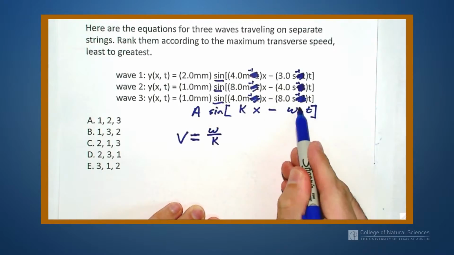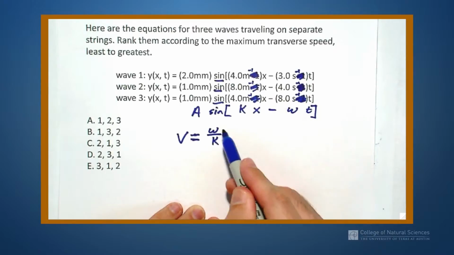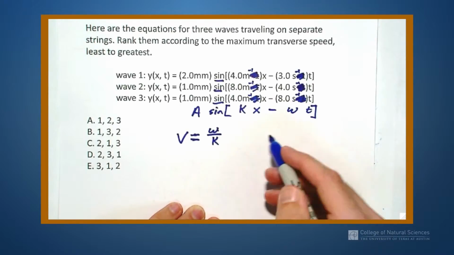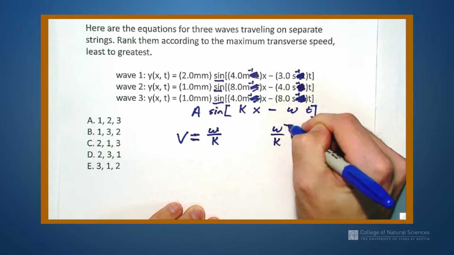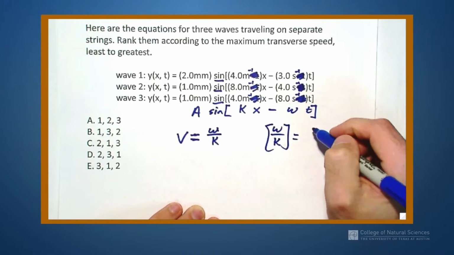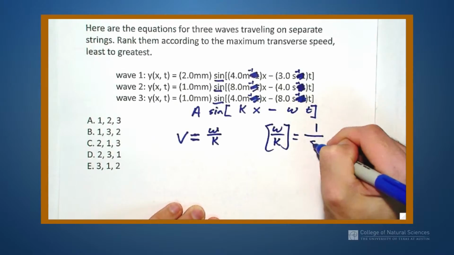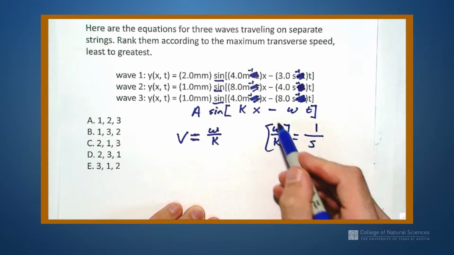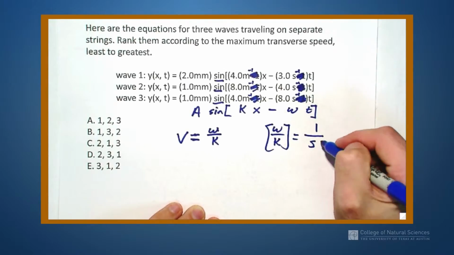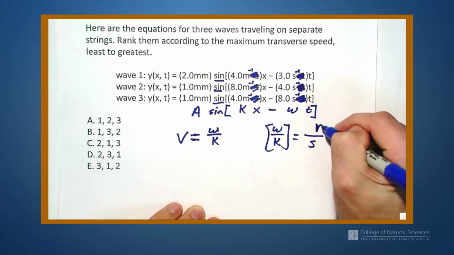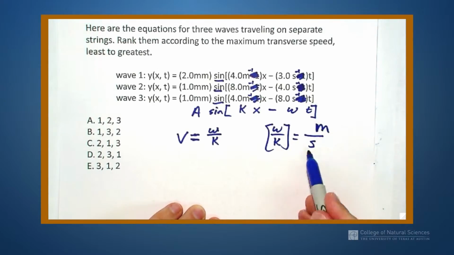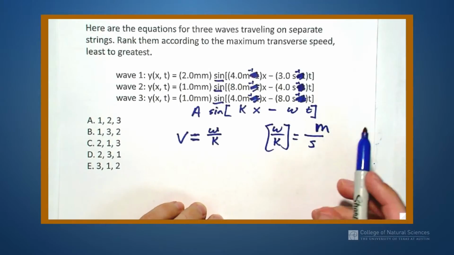Just to make sure that's the right one, I'm going to check my units. Omega has units of inverse seconds, so this is 1 over seconds, and my k is 1 over meters. So 1 over meters puts meters on top, so I have units of meters per second. So omega over k is a velocity.